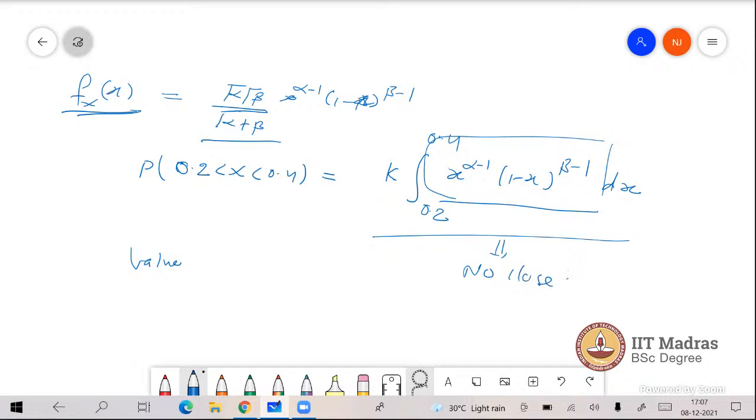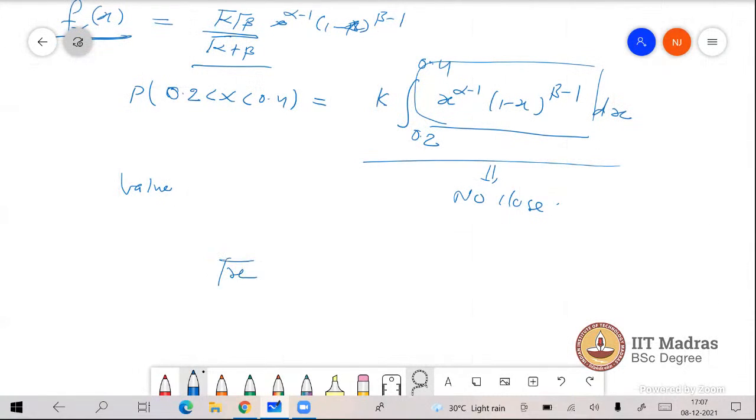Because actually the beta function is defined in a way with gamma alpha, x raised to power alpha minus 1, 1 minus x raised to power something like that. I don't remember exactly what that is. So we cannot calculate it manually. Yeah, because this integral doesn't have any closed form.